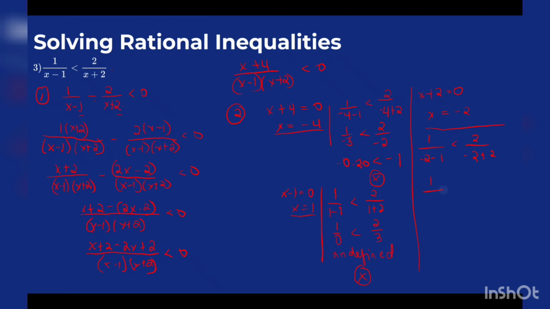So 1 over -3 is less than 2 over -2 plus 2 is 0. And again, this is undefined because we have 0 in our denominator. Therefore, we cannot compare them. That's why this is also not part of our solutions.